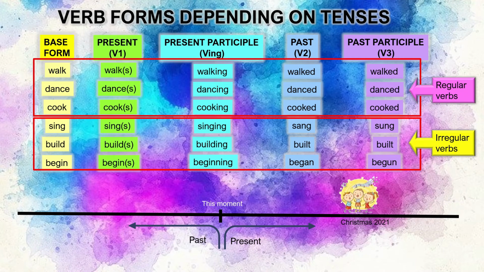And if it happens in the future, you see, Christmas 2021, it hasn't occurred yet, but it occurs after this moment, so it still needs a present form. You can use "are singing," the present participle.